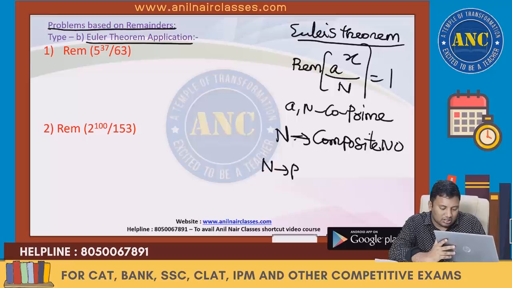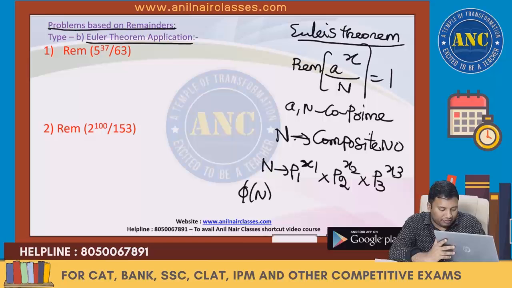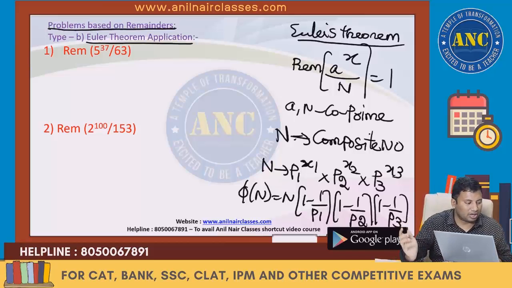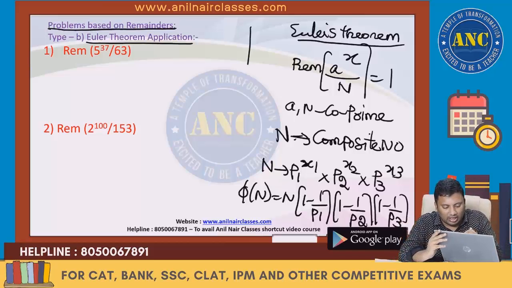If n is P1 power x1, P2 power x2 into P3 power x3, then the quotient of n is n into 1 minus 1 by P1, 1 minus 1 by P2, 1 minus 1 by P3. So this is Euler's theorem.